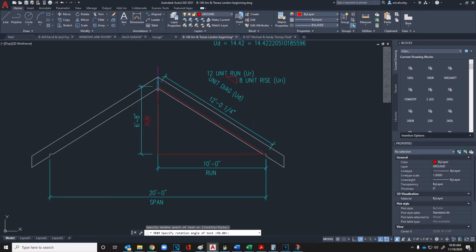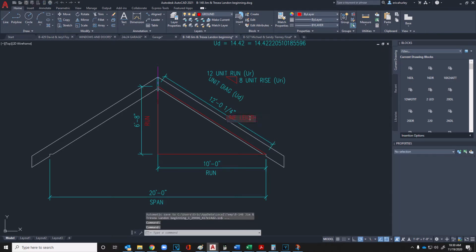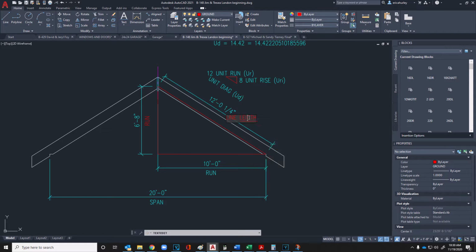And I know some of you guys have asked me, what in the heck are you talking about, line length? I didn't spell that right, did I? I wish I could spell.